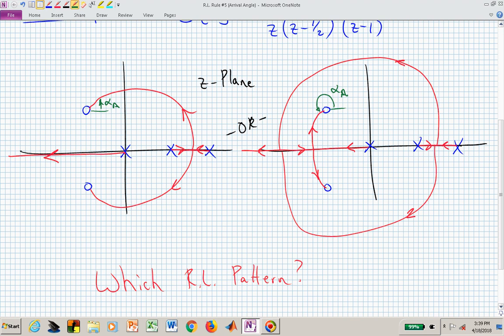Another way to second check that is to look at how K behaves as we move along this left half or real axis portion of the root locus. Does K as a magnitude just keep going up? Or in this case, it actually needs to experience, what do we know happens at a re-entry point?